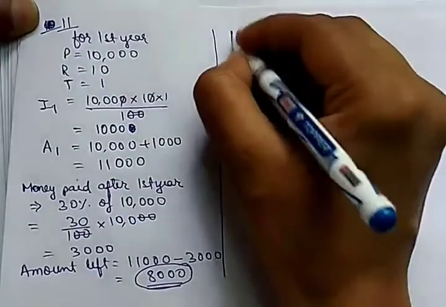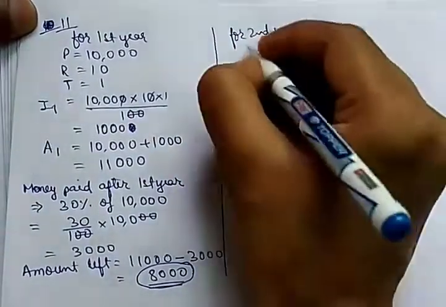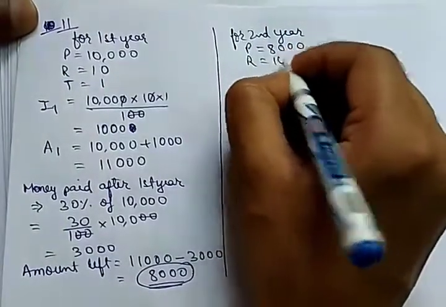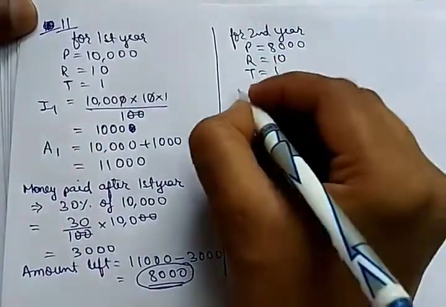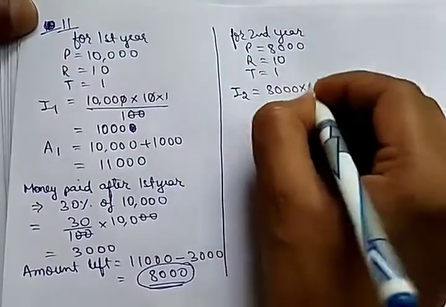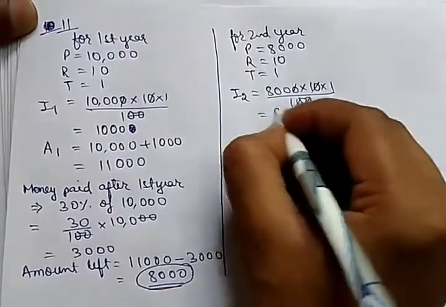So for second year, principal is equal to 8,000, rate is equal to 10, time is equal to 1. So interest for the second year is equal to 8,000 into 10 into 1 by 100, that is rupees 800.